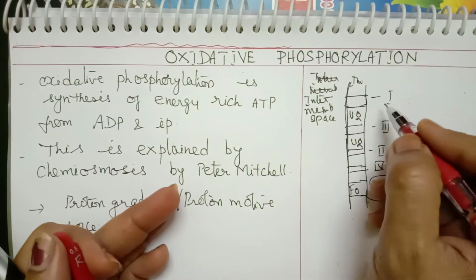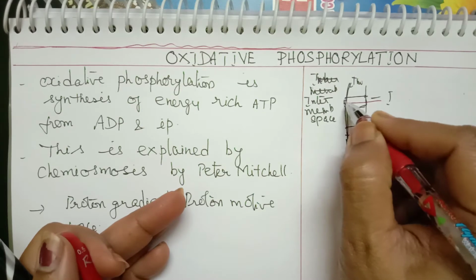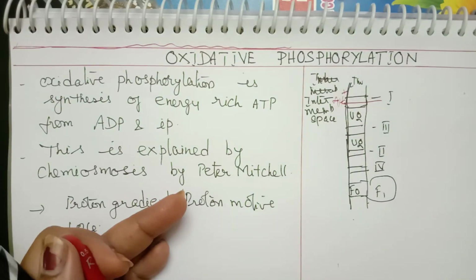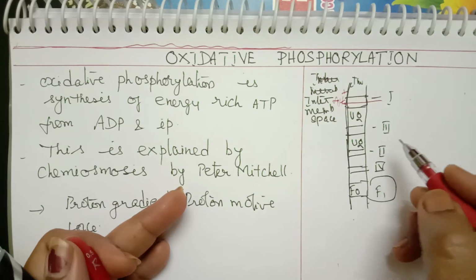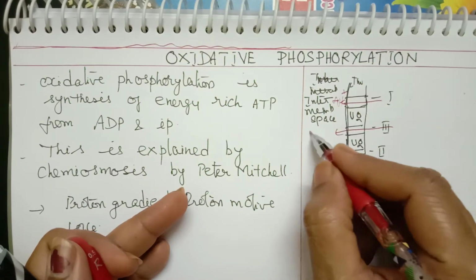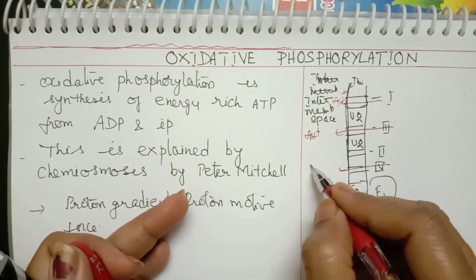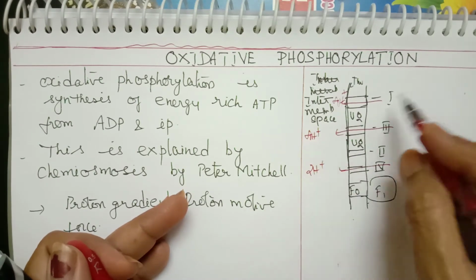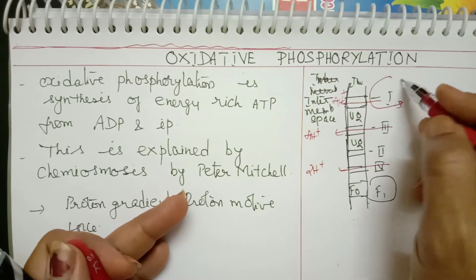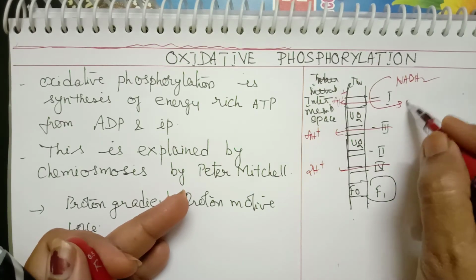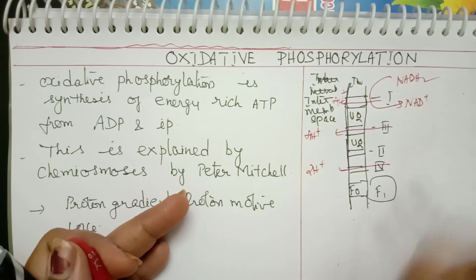When electrons are moving, through the first complex 4 protons enter the intermembrane space. Similarly, through the third complex another 4 protons, and through the fourth complex 2 protons. This takes place when NADH2 is getting oxidized to NAD.